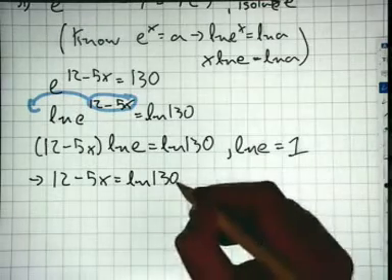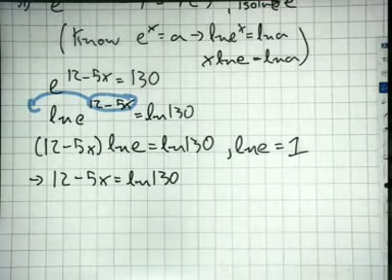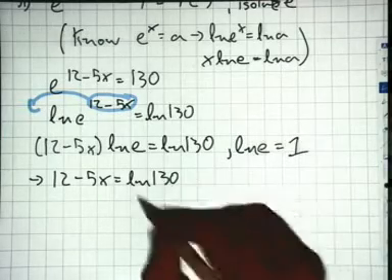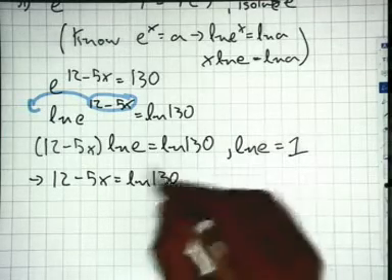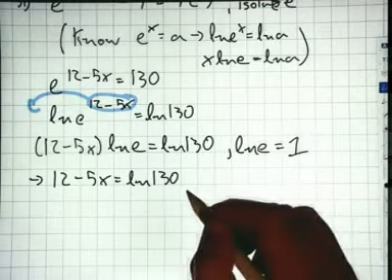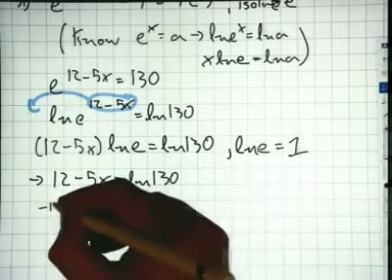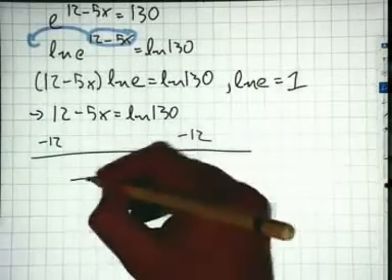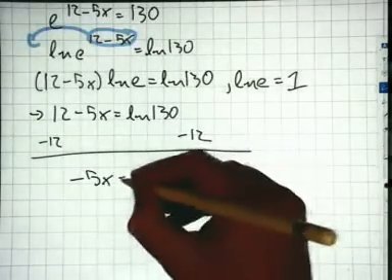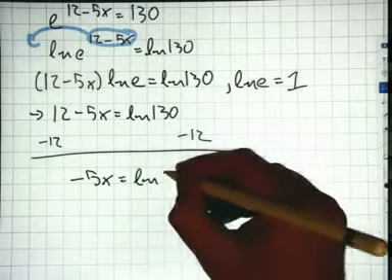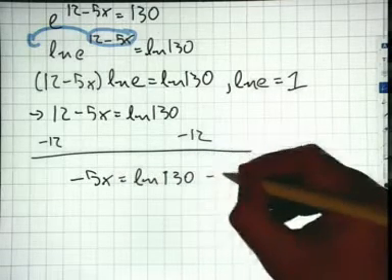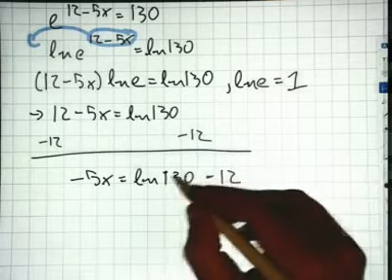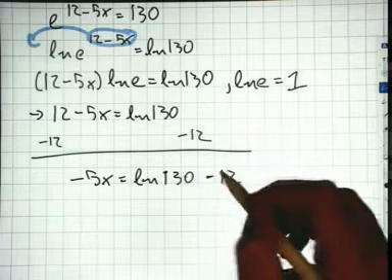Now the natural log of 130 is just a number. It's just a number that we're expressing as a natural log of 130, and it exists as its own thing. So when I go through and subtract 12 on both sides, in our calculators we will do this, but I can't simplify this by saying this is equivalent to the natural log of 118.